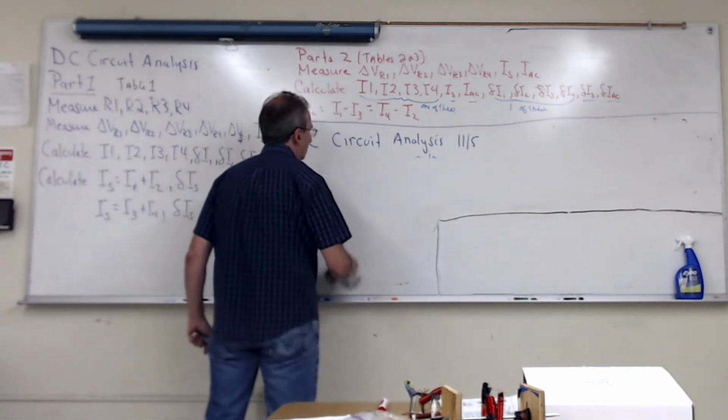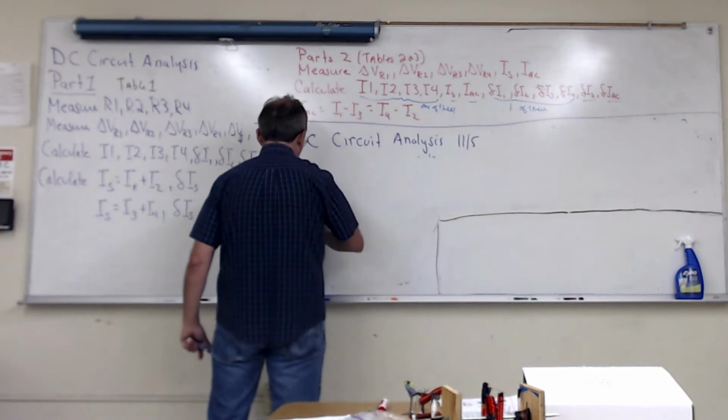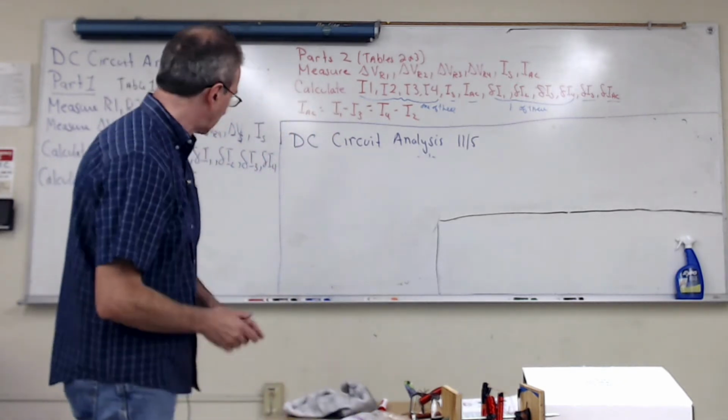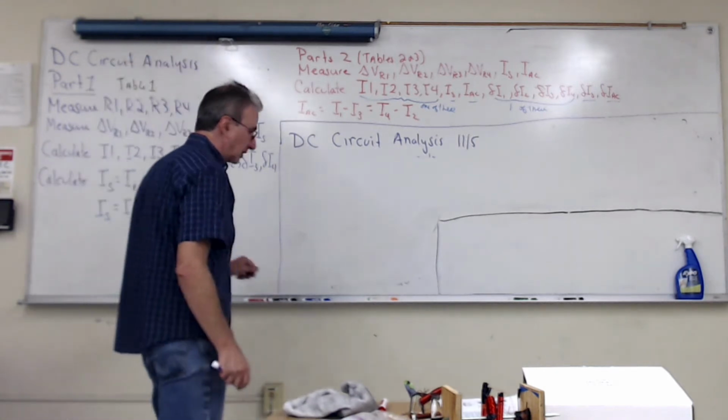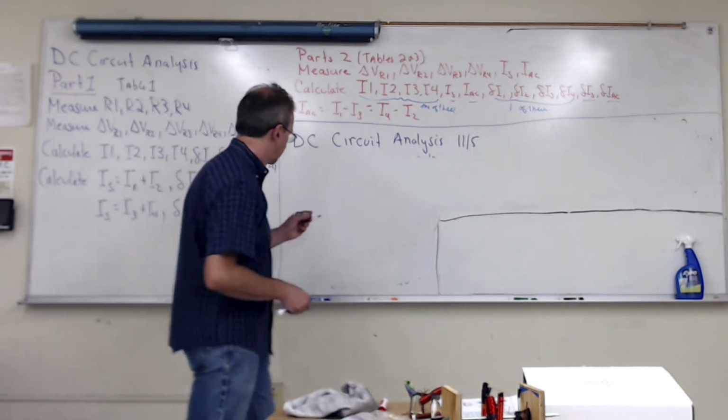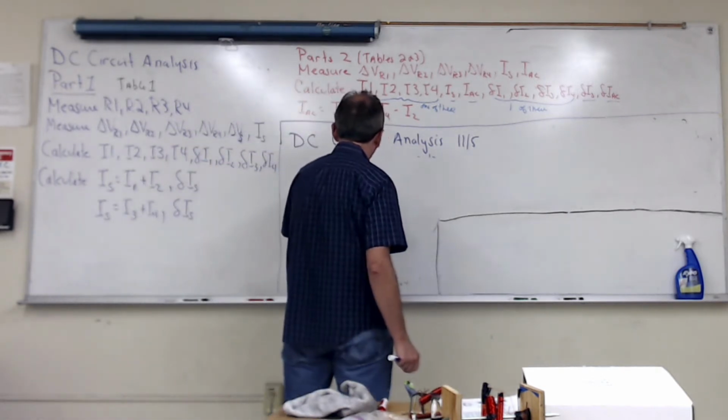Okay, let's start with this DC circuit analysis lab. This is lab 4. And this lab is based on the circuit I discussed in class. The circuit I talked about in class looks like this.